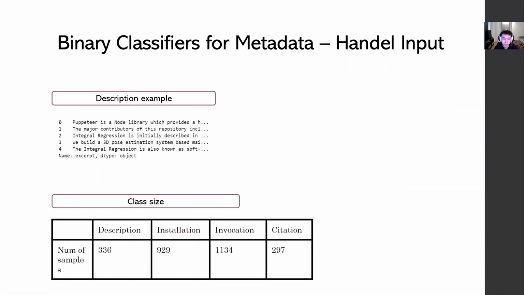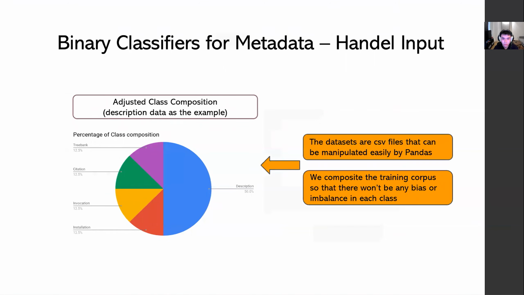By collecting the dataset from the repository of SOMEF, we counted the number of samples, and we noticed that description has 336, installation 929, invocation 1134, and citation 297. By comparing those sizes, it's not hard to find that the classes are imbalanced, which means we have to adjust the class composition before we train anything.